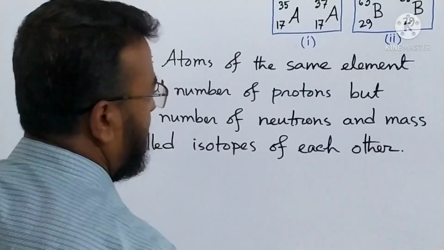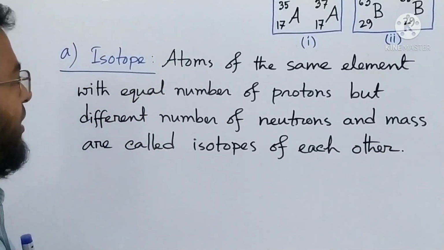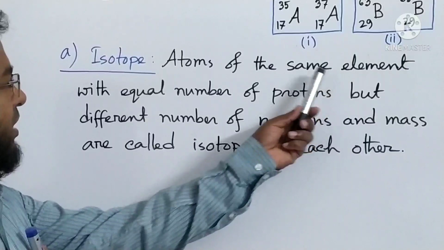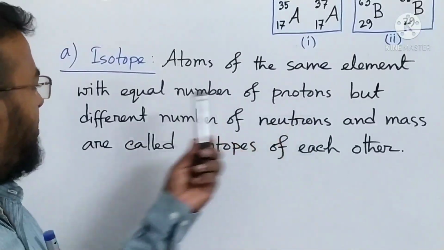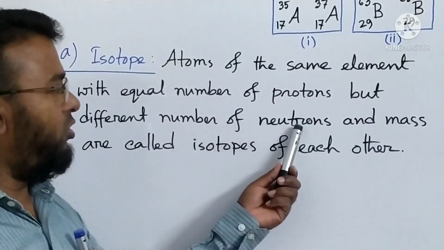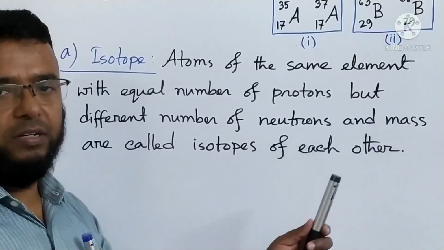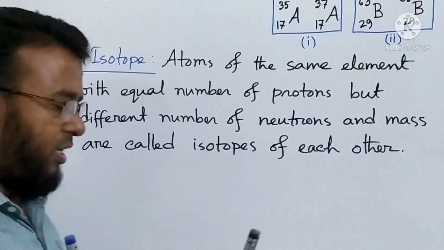So I have written atoms of the same element. These are the same element, equal number of protons, but their neutron number and mass number are different. So these are called isotopes of one another.